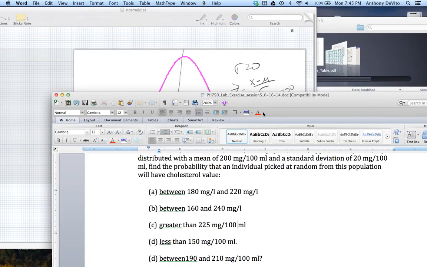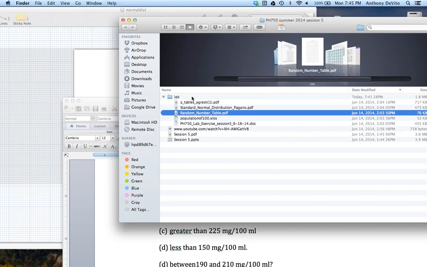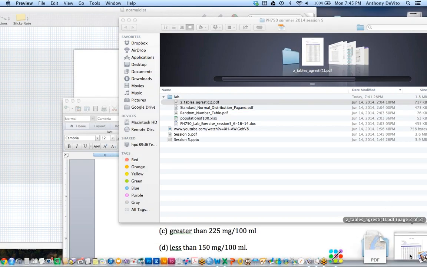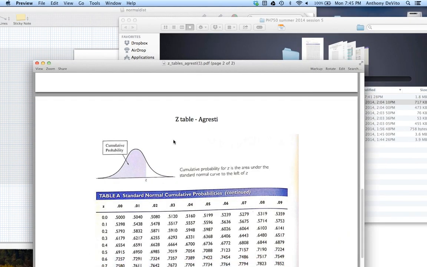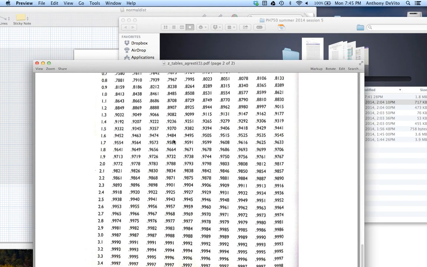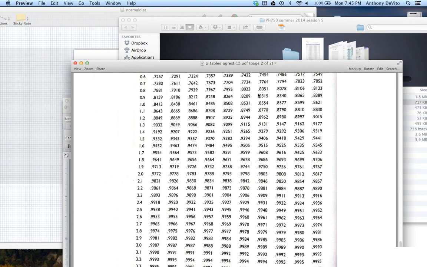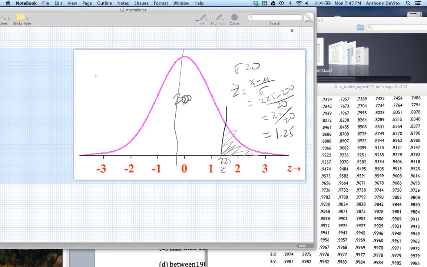Here's the z-table. So a z-score of plus 1.25 gives 0.8944. Remember, the table gives the area to the left, so this area is 0.8944.